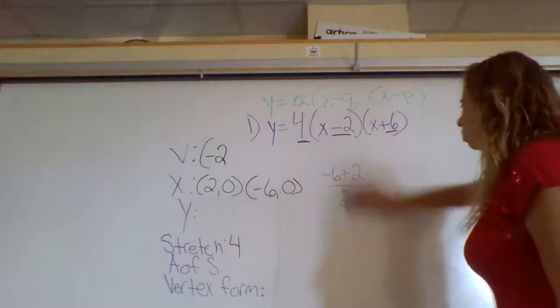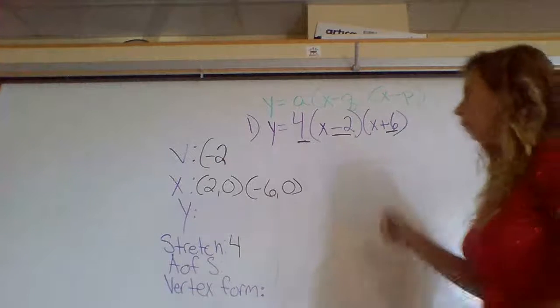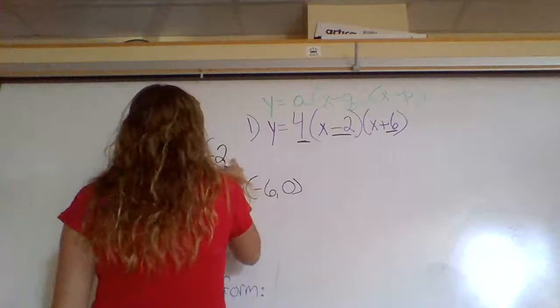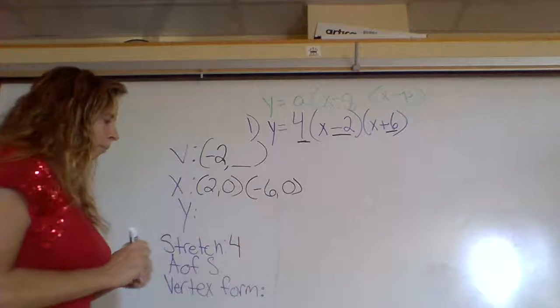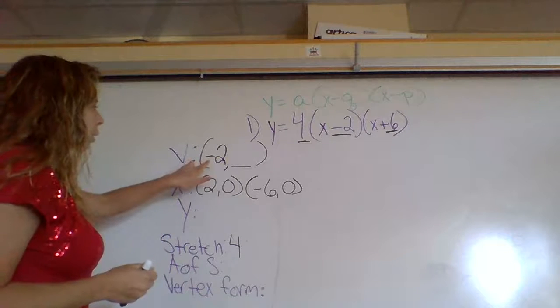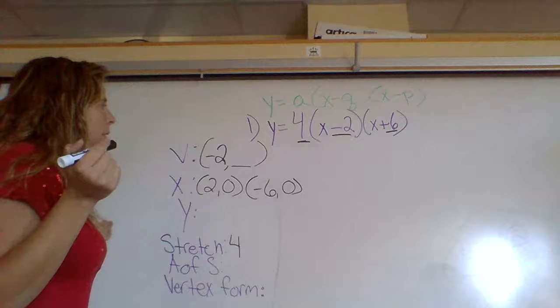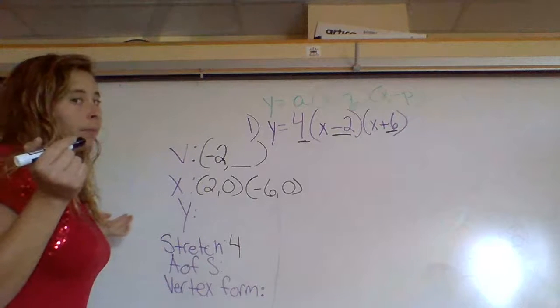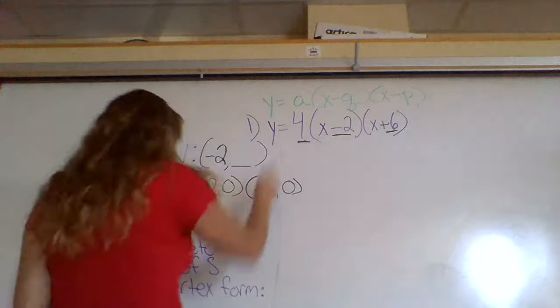Once you know the x part of your vertex, you're not done. You have to figure out the y value. So we know that x is -2. What's y? How do we figure that out? By substituting -2 into your equation.